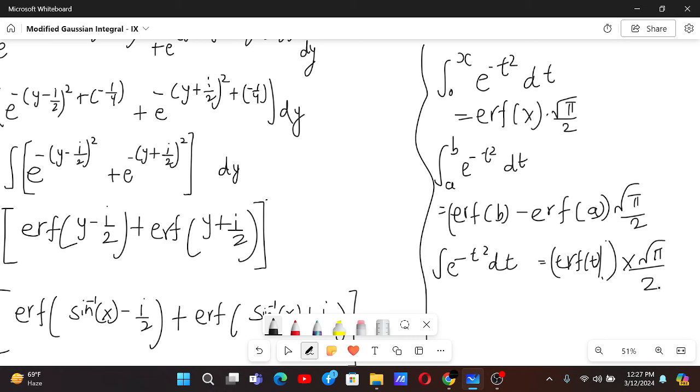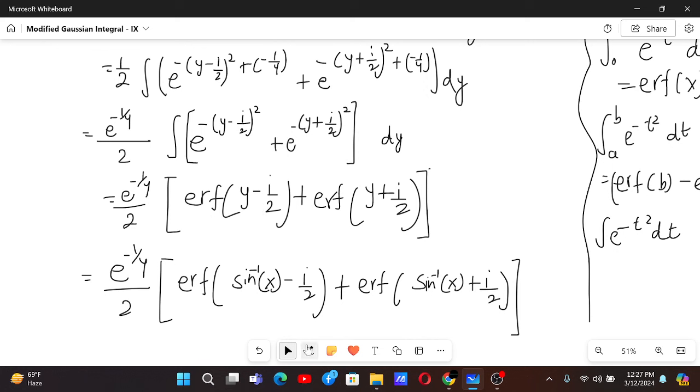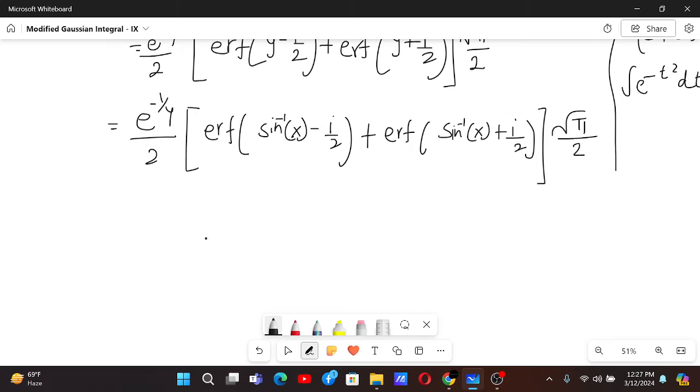I'm really sorry that I missed this. And also this will be multiplied by root pi by 2 for all of this. Also this will be multiplied by root pi by 2. I'm really sorry because I messed this up. To the power minus 1 by 4. Do you understand that? No need to write again.